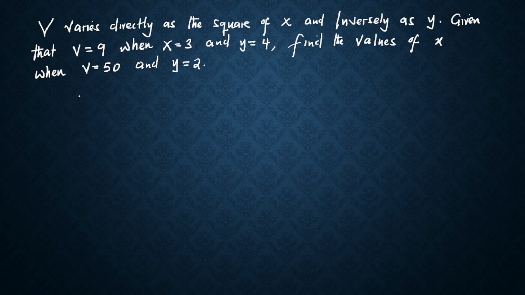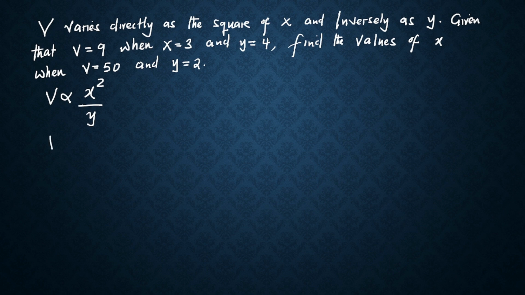So our first step here, we will need to come up with an equation which is going to define this variation. So we are told that V varies directly as the square of x, then inversely as y.